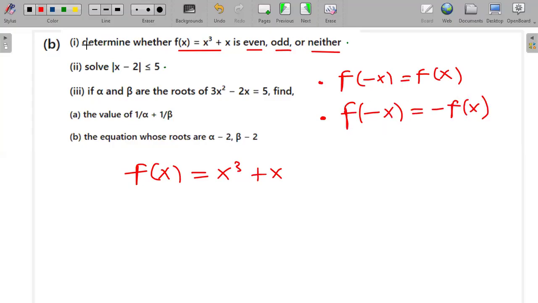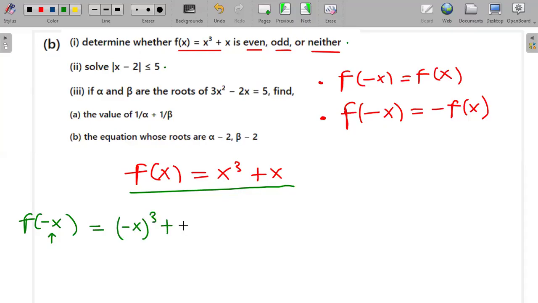So we are going to test if either of those two properties are satisfied. This is my f of x already, so let me find f of minus x. F of minus x simply means wherever there's x in this equation, I'm now putting a minus x. So this will be equal to minus x to the power 3 plus minus x, because wherever there's x, I'm putting a minus x.